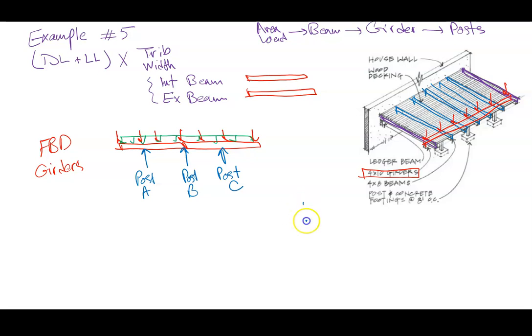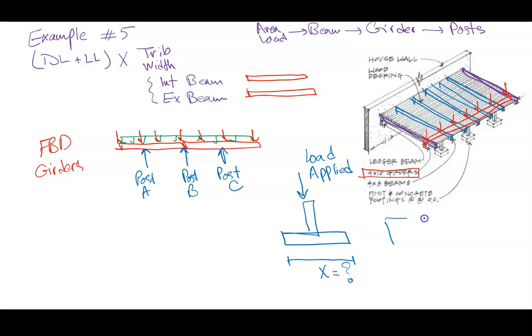And lastly, we looked at the posts. We have the load applied. We are looking for the minimum required width, and the cross section of the footing is actually a square with an area of x to the power of 2.